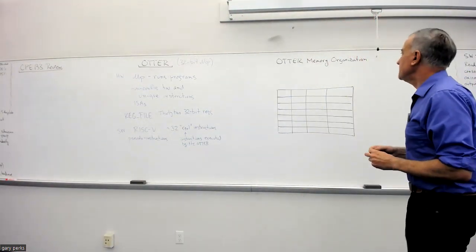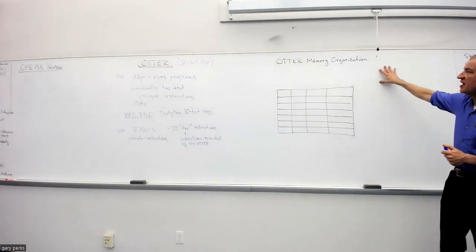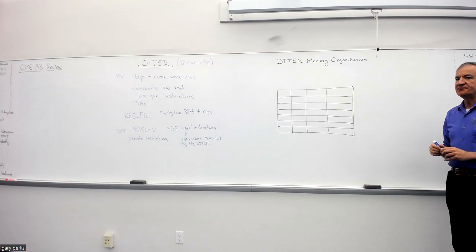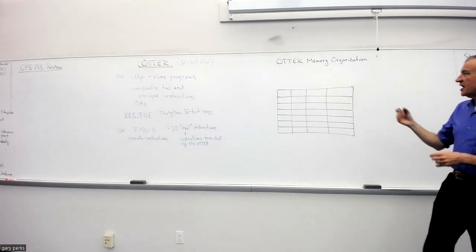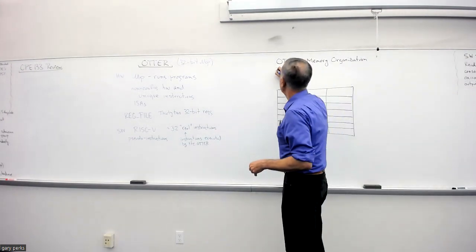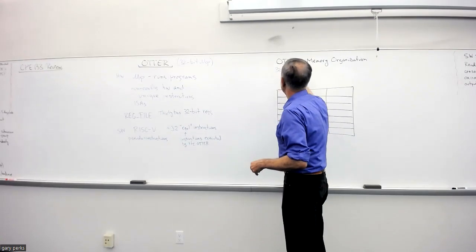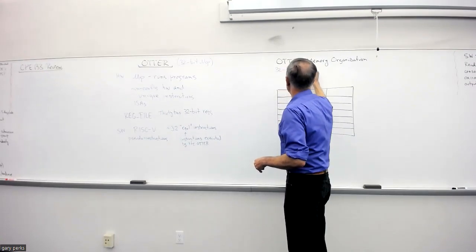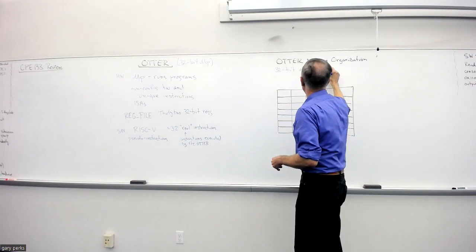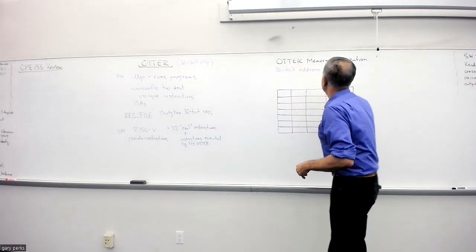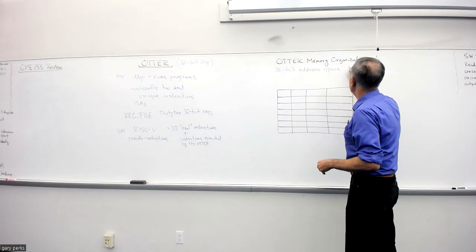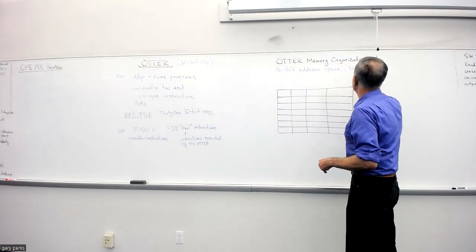Okay, so the next thing to talk about is how the memory is organized for the Otter. The Otter has what's called a 32-bit address space, which means we have 32-bit words.